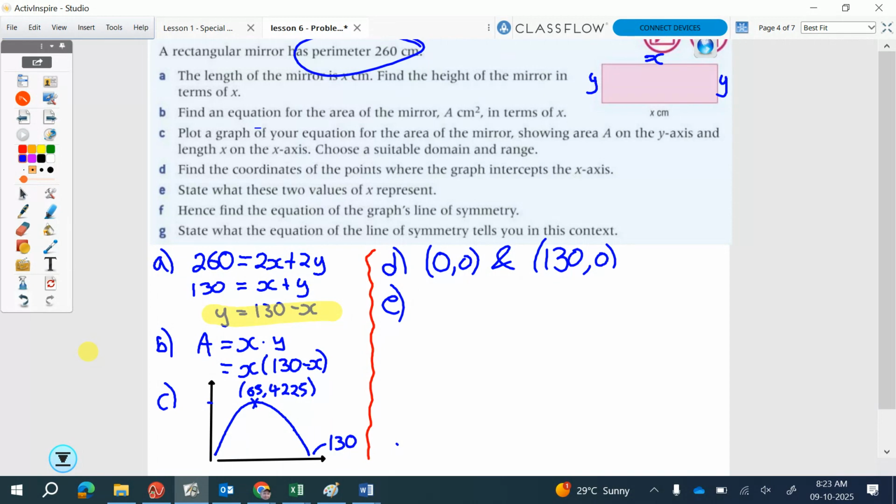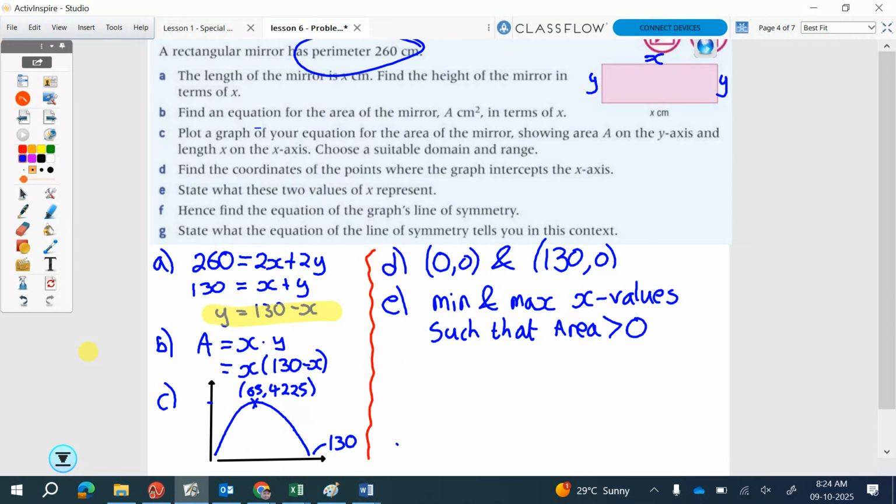So these are the min and max x values such that area is bigger than 0.